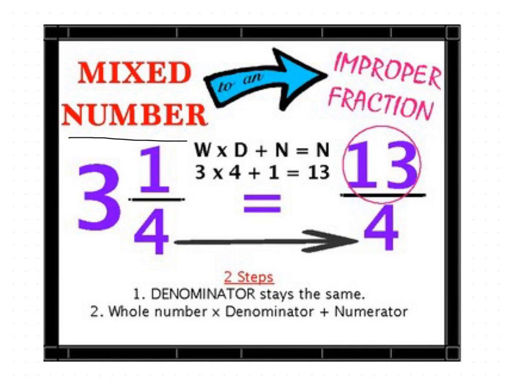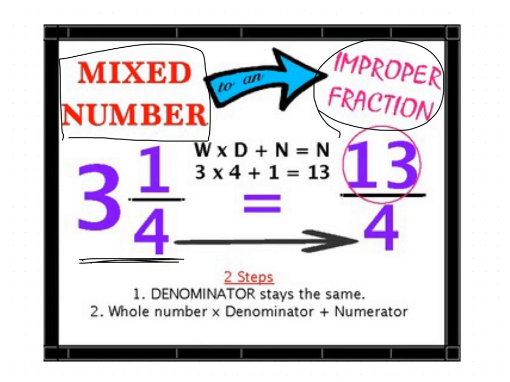I'm going to convert mixed into an improper. You have to keep repeating these expressions so you will get used to them. Mixed. Why is it mixed? Because I have a whole and a proper fraction. How to make it improper? We will multiply the whole, W in here for whole, by the denominator. 3 by 4 is 12, and go up for the numerator, add it. 12 and 1 is 13.